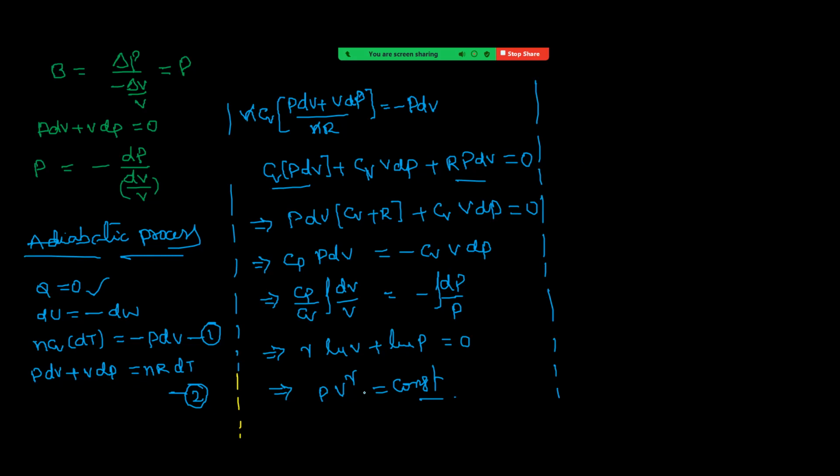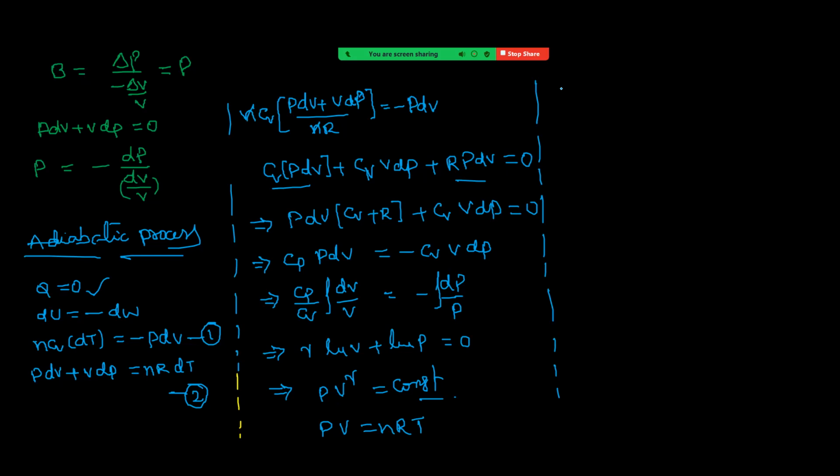Now we can see from the gas equation PV equal to nRT, this is in terms of pressure and volume. Let us take this in terms of temperature and volume. Then see what we can do.